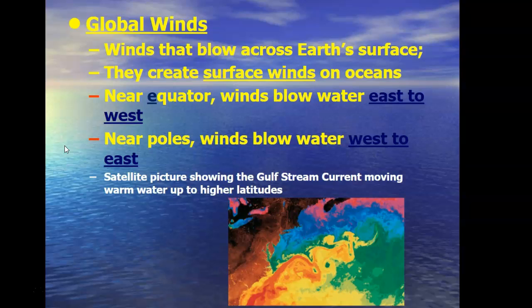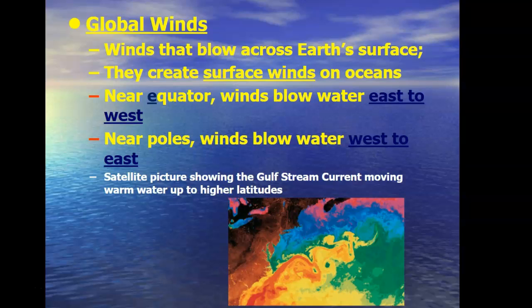There is a picture below that shows the Gulf Stream current, which flows up the eastern coast of the United States. If you've ever been to any of the beaches on the east coast of the United States, from Florida all the way up to our northern beaches in Delaware, you will realize that you have been swimming in the Gulf Stream current that is in our Atlantic Ocean.